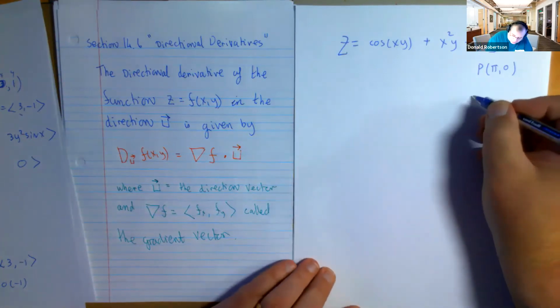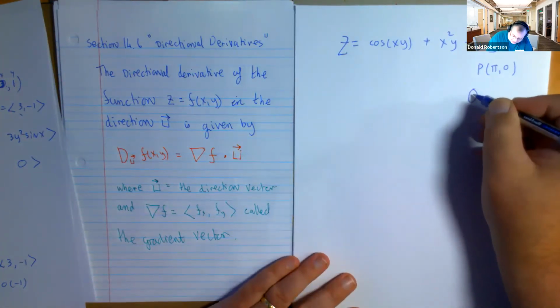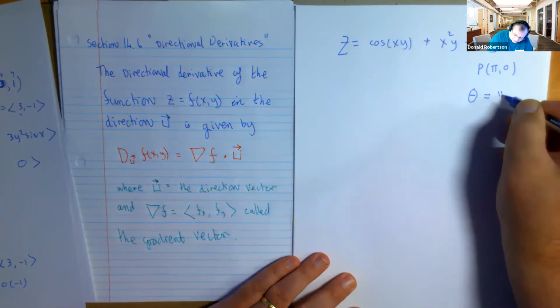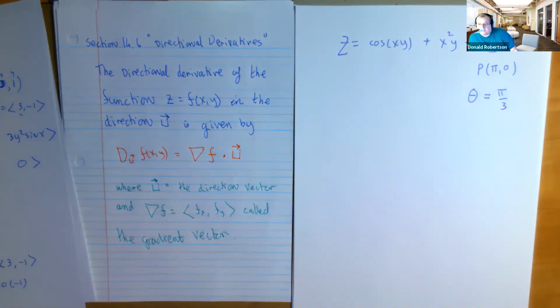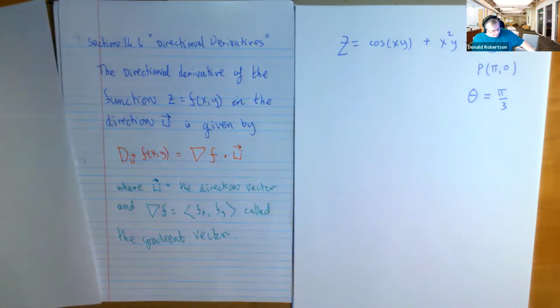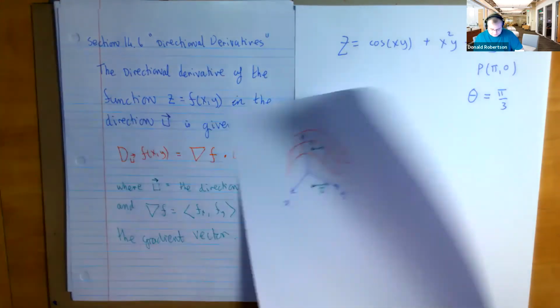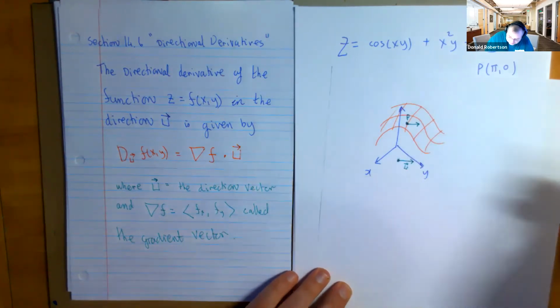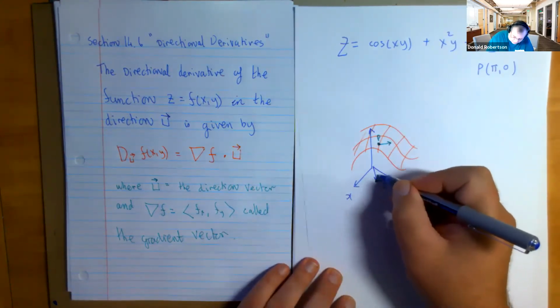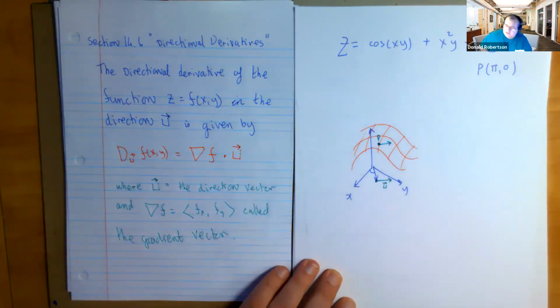And we want to go in a direction, but the direction is going to be in terms of an angle. So instead of telling you you're going to go in that direction, what you're basically saying is whatever pi upon 3 is, you're going to go in that direction, theta.